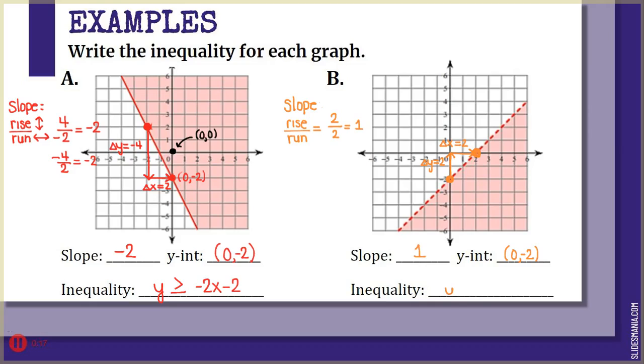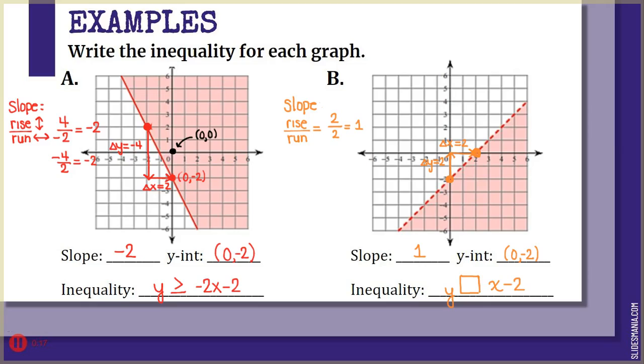So we have y, and I'm going to leave a space for my inequality symbol, but I have 1x minus 2. Now, you will never see the 1 written, so I'm going to erase that. So you will always see it written as just x minus 2.